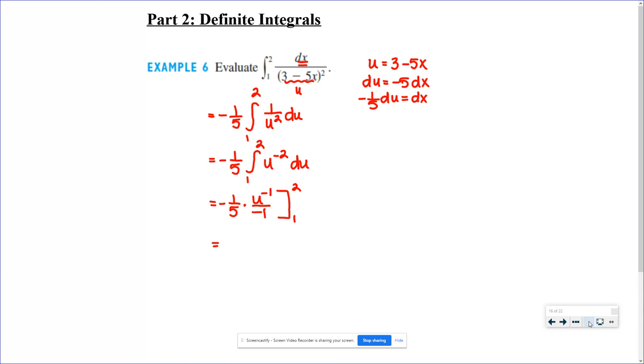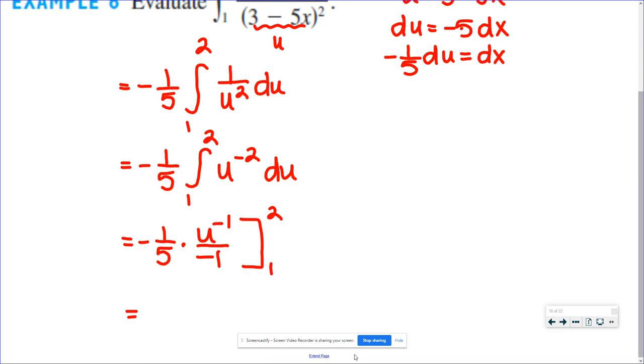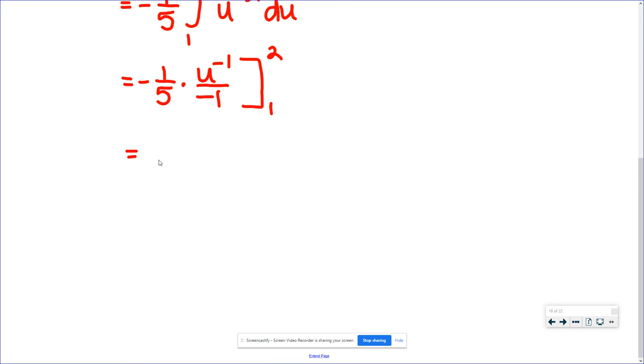Now in this next step, I'm going to do two things. I'm going to go ahead and clean this up, and I'm also going to change it from u's back to x's. Okay, so let me show you in baby steps here. But right now I have 1 over 5u, if I simplify.